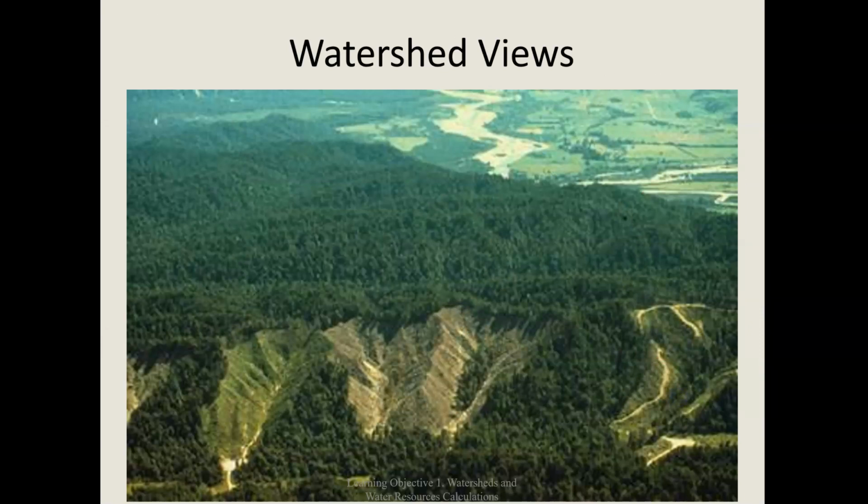So here are just a couple of slides to show you some views of different watersheds. This first picture is from some research watersheds. In this case, they've taken some small tributary headwater streams and clear-cut them for research purposes. So they're studying the response down at the bottom of these clear cuts to forest management.